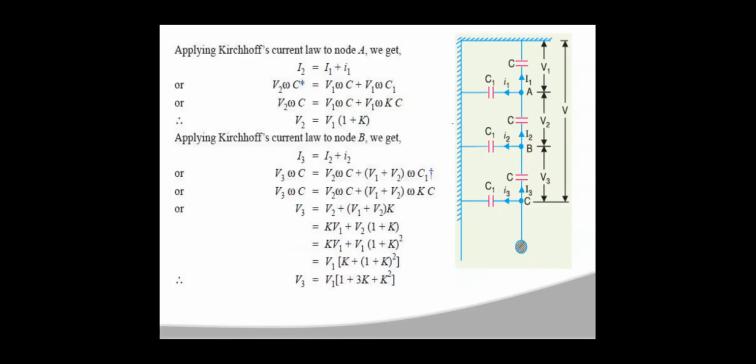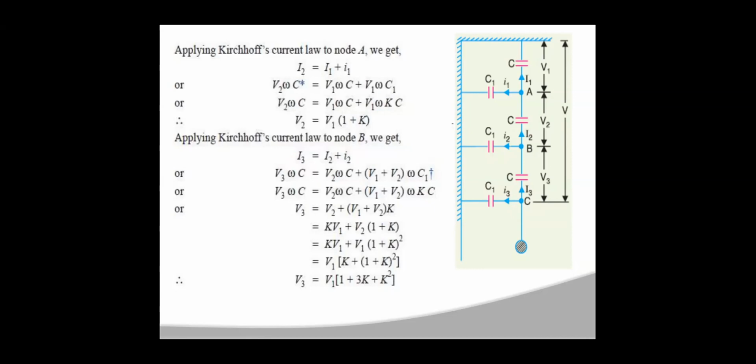In a similar manner, apply KCL at node B also. At node B, the incoming current is I3 and the outgoing currents are capital I2 and small i2. So the KCL equation at node B is: incoming current equals outgoing currents, which is capital I3 equals capital I2 plus small i2.